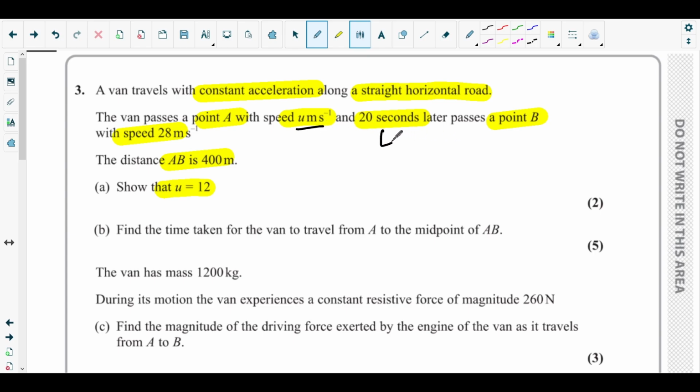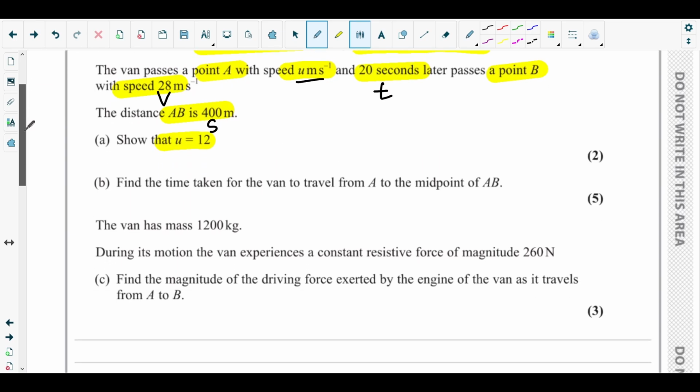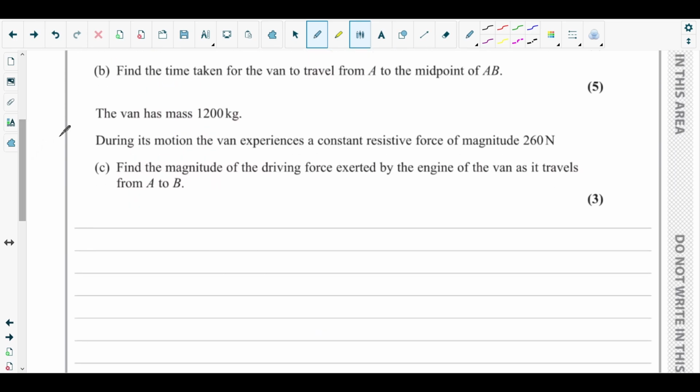The time is given, we know the final velocity, and we know the distance. From the concept of SUVAT equations, if we know three of the quantities, then we can easily find the other two. Since we know the three quantities S, V and T, we can easily find the value for u.